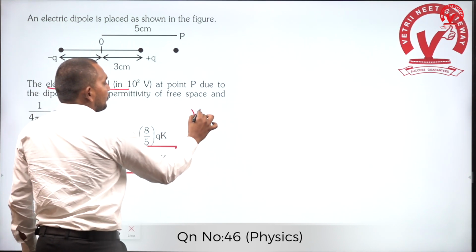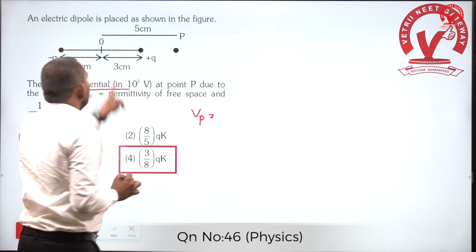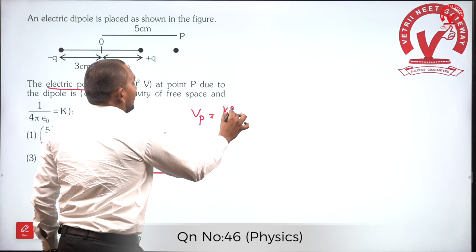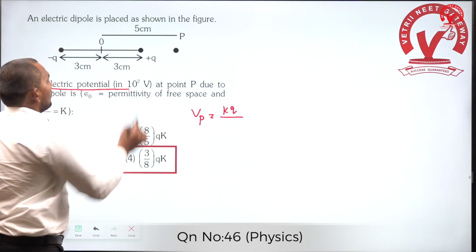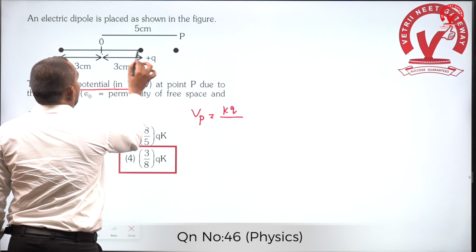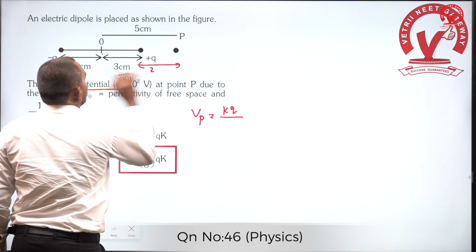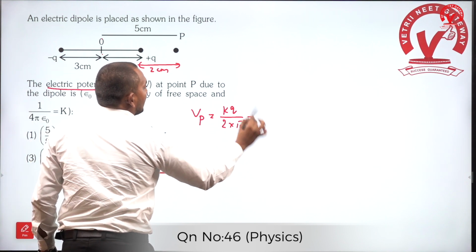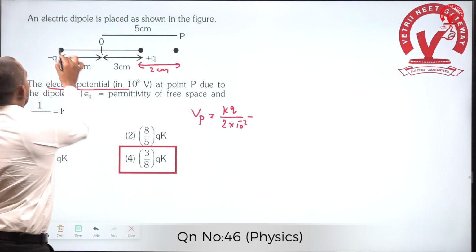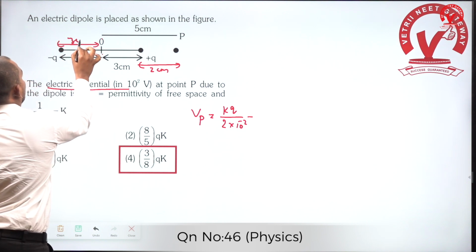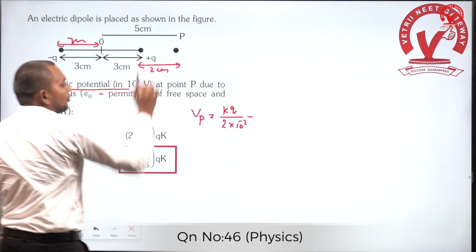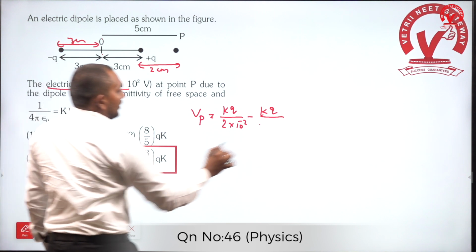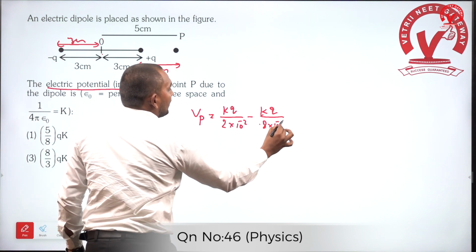So electric potential Vp is equal to, positive point you can take first, 1 by 4 pi epsilon naught, that is kq divided by distance. Here to here 5, here to here 3, remaining is 2 centimeters, so 2 into 10 power minus 2. Minus q to point P is 3 plus 5, 8, so 8 into 10 power minus 2.